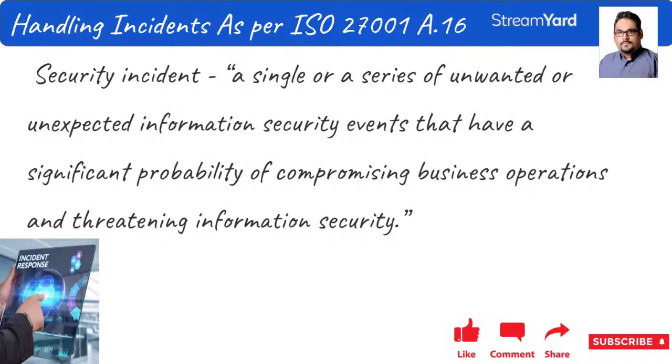But first of all, let us try to understand what is incident handling. And first of all, what is a cybersecurity incident? So an incident is nothing but a single or a series of unwanted or unexpected information security events that have a significant probability of compromising your business operations and threatening your information security.